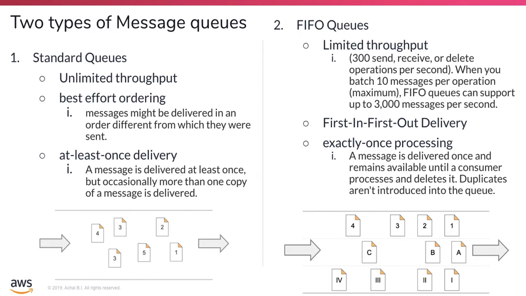So there might be multiple copies of a record within the queue and also at the time of delivery, so you have to handle deduplication manually or within your application, both within the queue and at the time of delivery.